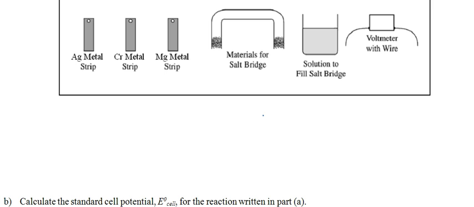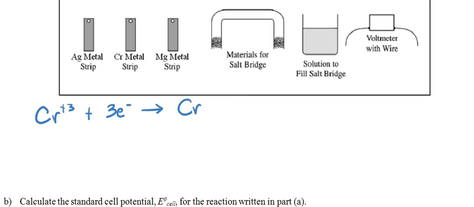Or wait a minute, let me do this first. Let's go ahead and write the half reactions, the reduction reactions. So we're going to have chromium +3, when it's reduced, will absorb 3 electrons to form chromium metal.